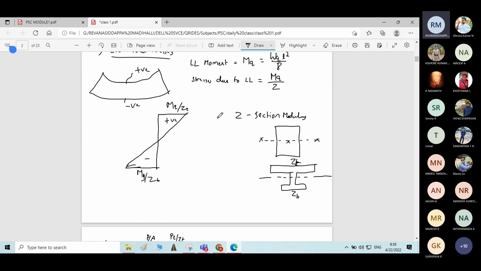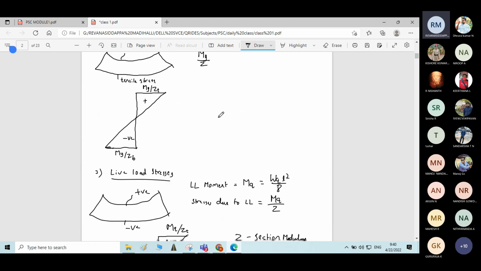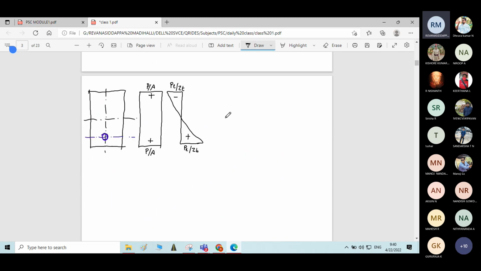Now I'll write the stress distribution due to dead load, plus or minus, here MG by ZT, MG by ZB.